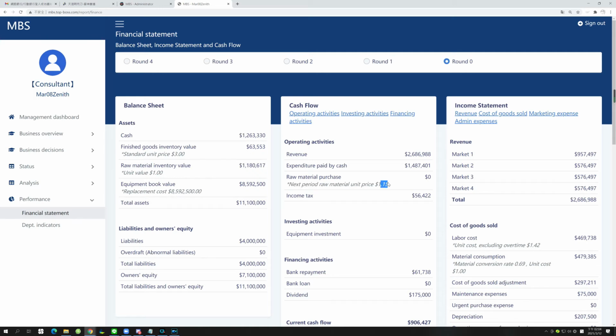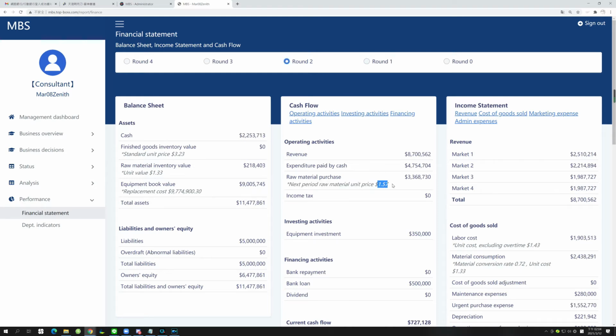And when we look at round 1, the material unit price is $1.51 for the next period. And in round 2, you can see the material unit price of $1.57 for the next round.